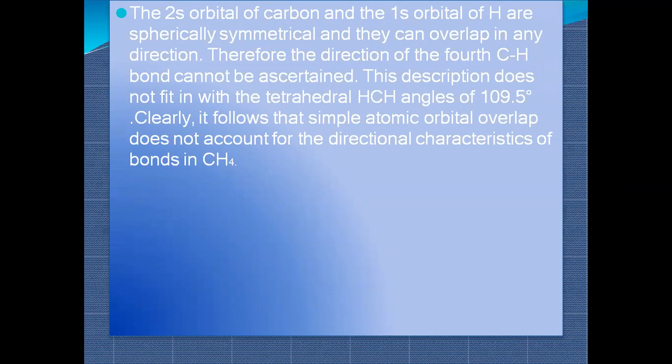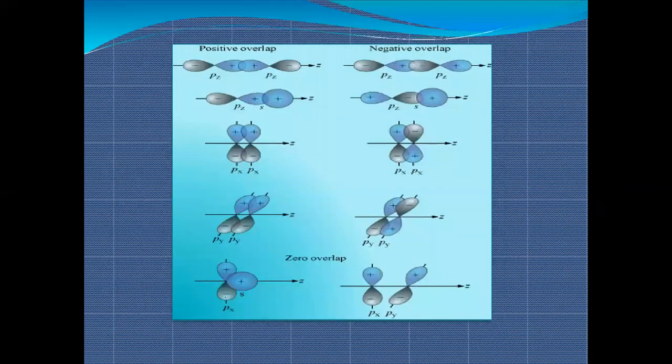so they can overlap in any direction. But there are different shapes of orbitals. I will tell you in detail when we go down to the chapter. S is a spherical shape. Let me show you the diagram. The round structures which you are seeing here are S orbitals. So an S orbital is spherical, and spheres can attach with one another in any direction.